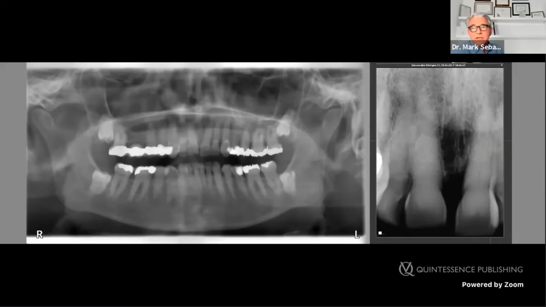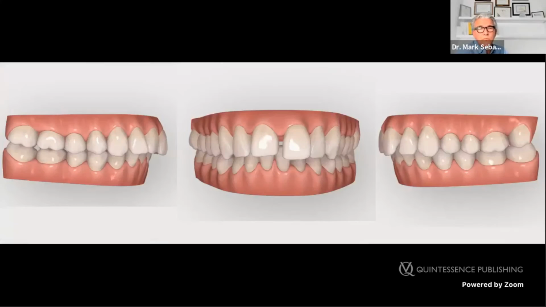These are the X-rays, and I hope you can see it in the small X-ray. There's also already a change of the bone. There's a horizontal defect at the bone visible. These are the models.